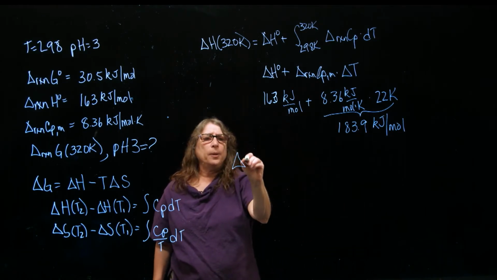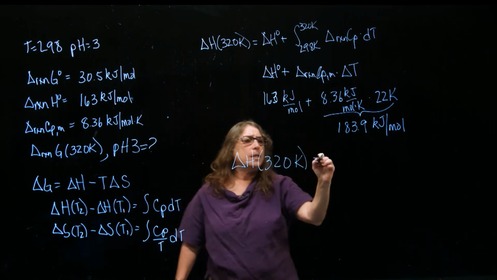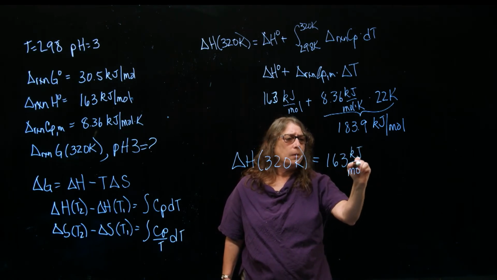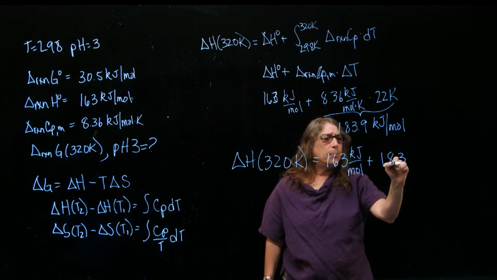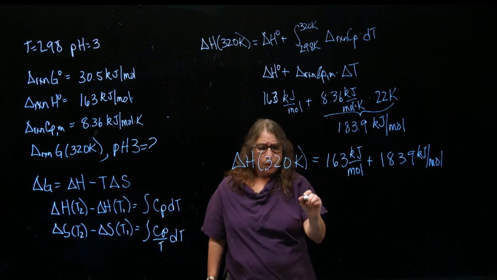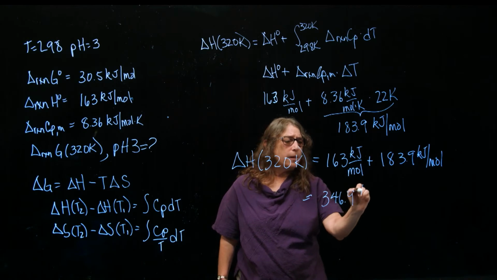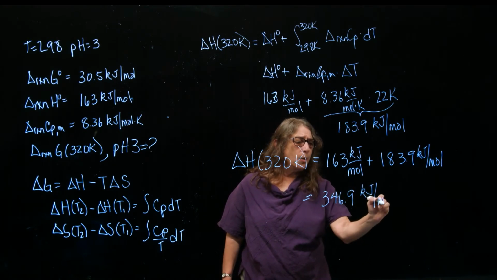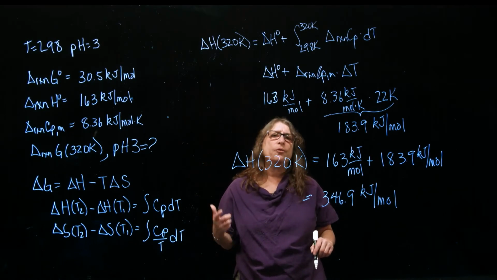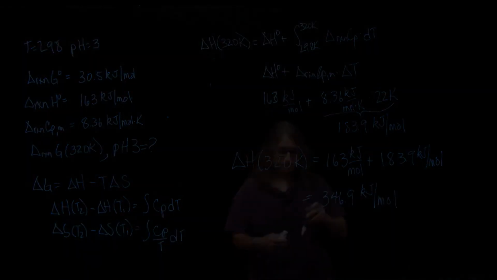And so the enthalpy at 320 Kelvin is equal to 163 kilojoules per mole plus 183.9 kilojoules per mole, which is equal to 346.9 kilojoules per mole. And now I need some more space on which to write in order to figure out what the entropy change is. So I'll be right back.